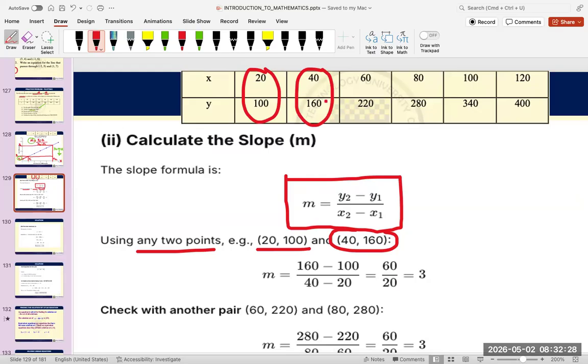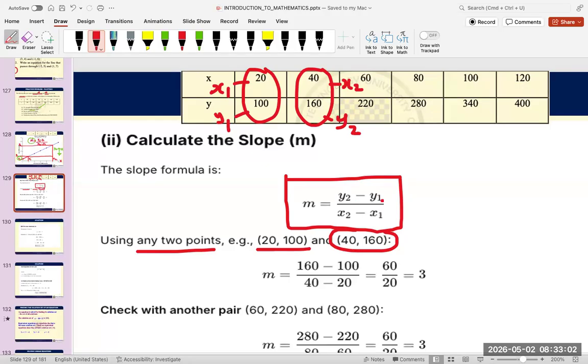If I choose these 2 points for my slope, then this is what I'm saying. This first x is my x1. This second x is my x2. This first y is my y1. This second y is my y2. So I just fix them in the formula.